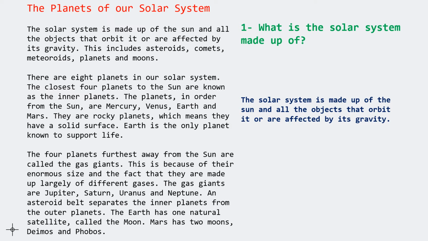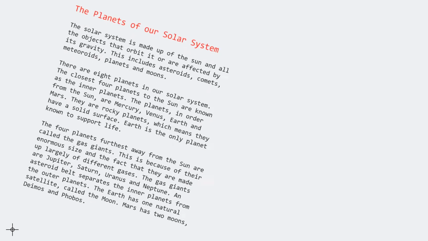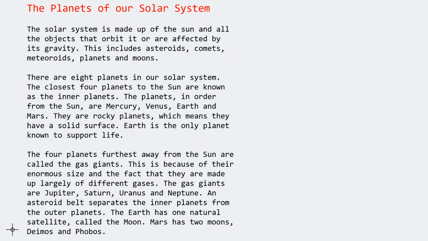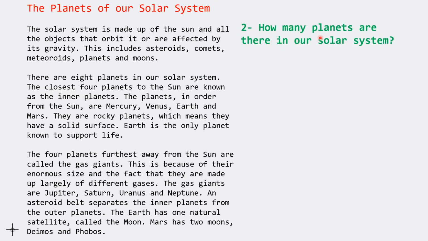Let's move to question 2 on the same passage. How many planets are there in our solar system? You don't need to read paragraph 1 again, because the number of planets is not mentioned in paragraph 1.